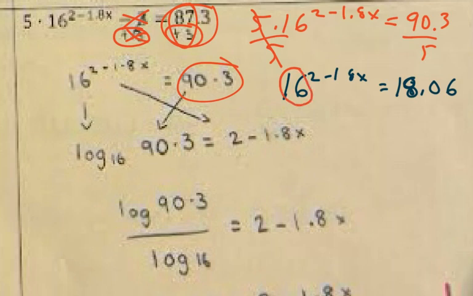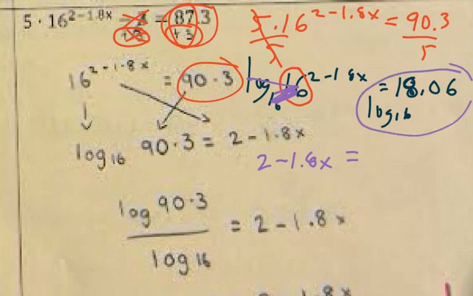So what we're going to do is the log base 16 on both sides. Okay? Now the log base 16 gets rid of the 16, and all I'm left with now is 2 minus 1.8x equal to this.